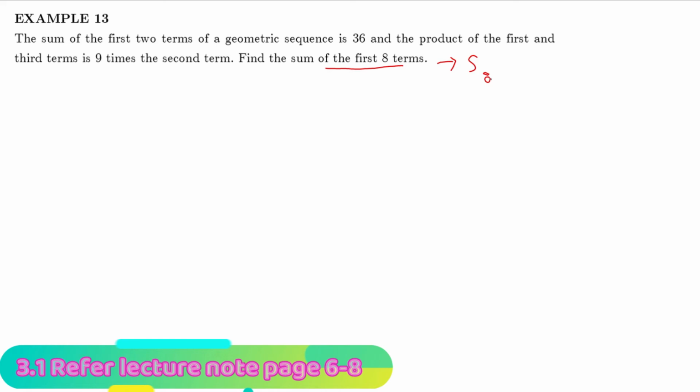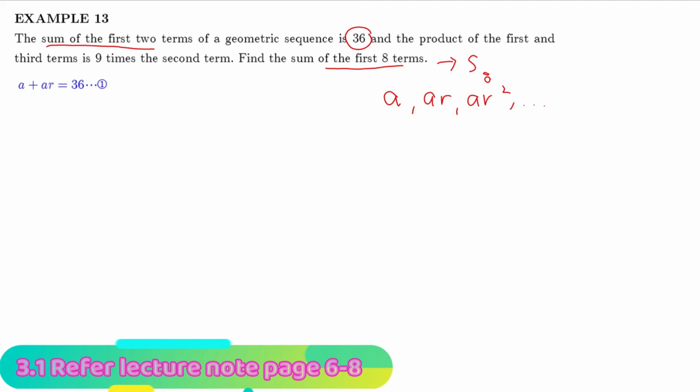So we first let our sequence in general form, which is A, AR, AR squared, and so on. So taking out the information given to us, the sum of the first two terms is 36. So we have A plus AR equals 36.